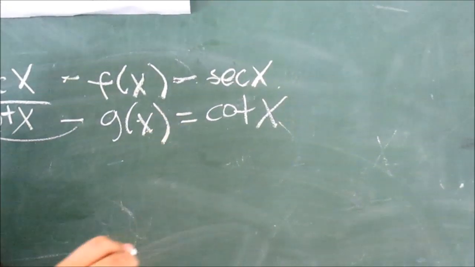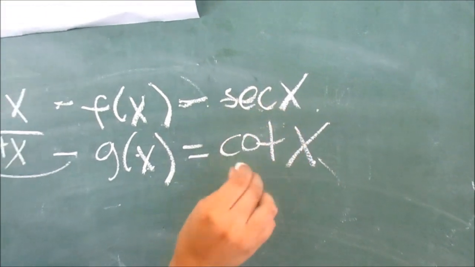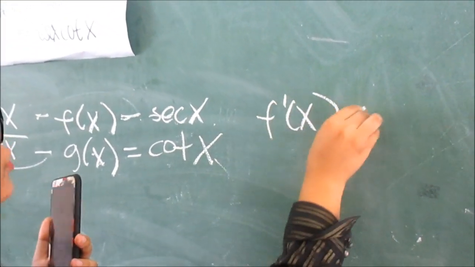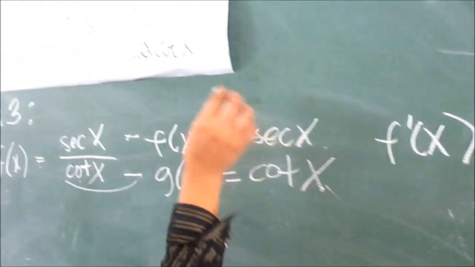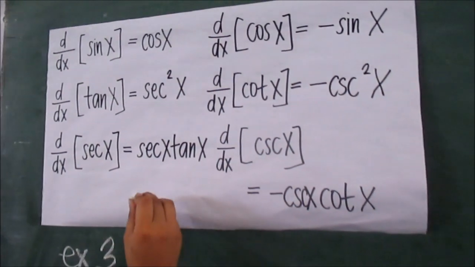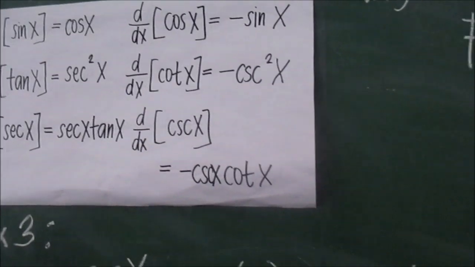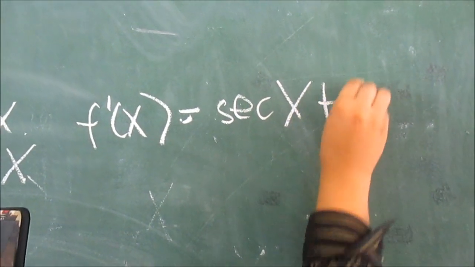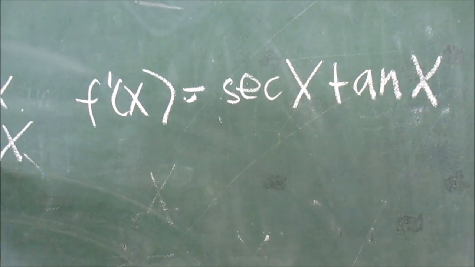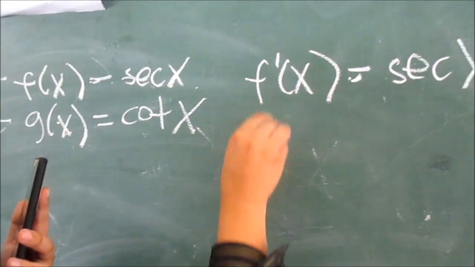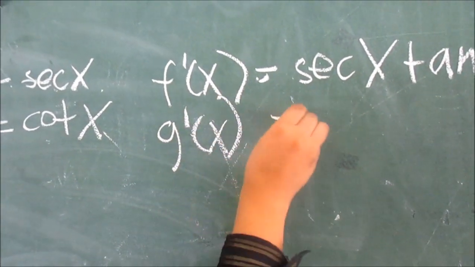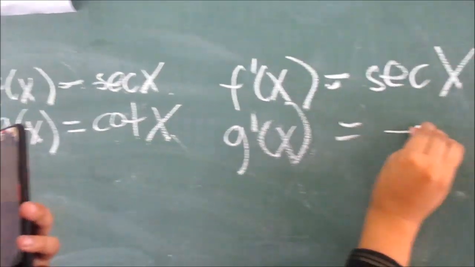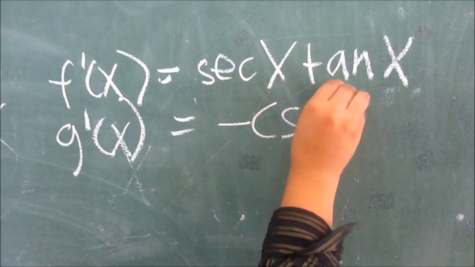Find the derivative of this term and this term. So, f prime of x is the derivative of secant x, which is equals to secant x tangent x. And the derivative of this term, g prime of x, is equals to the derivative of cotangent x, which is equals to negative cosecant squared x.